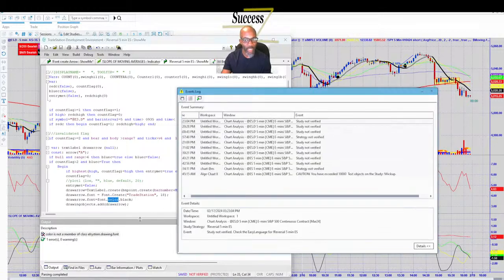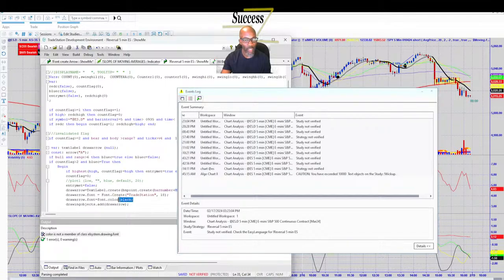Yeah, they're all a little bit different. I think I have to put in parentheses. Font.color. Oh no, just color. Color.black. That's right. So that should make a black one.